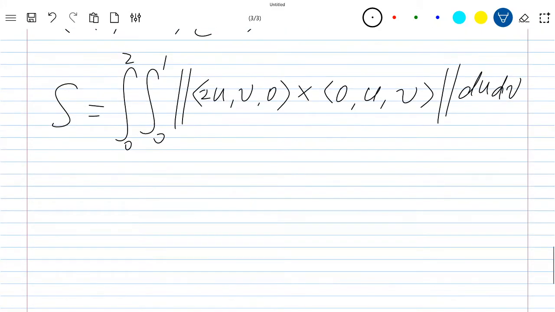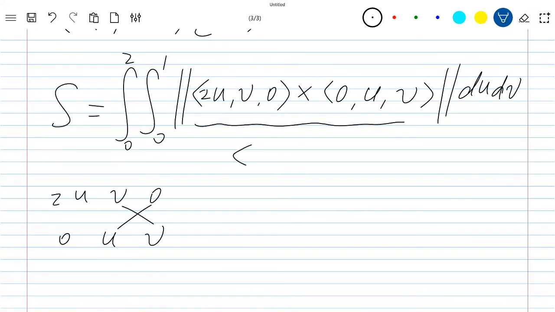So what do we get? This one equals v squared. Then this way you get 0 minus negative 2uv, and this way you get 2u squared.